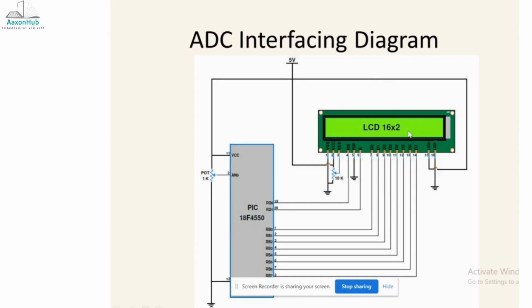So for this interfacing diagram, you need to write embedded C based code. Let's check in what manner we will start writing the code for ADC interfacing, with the pot connected instead of a sensor. If you wanted to connect a sensor, you can connect it by replacing this pot.